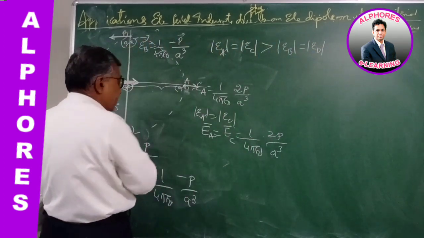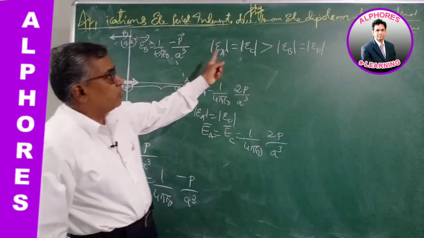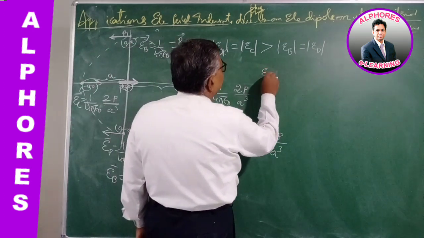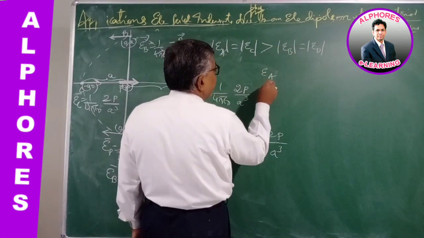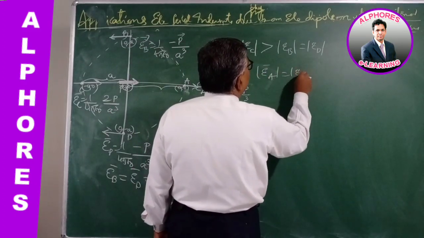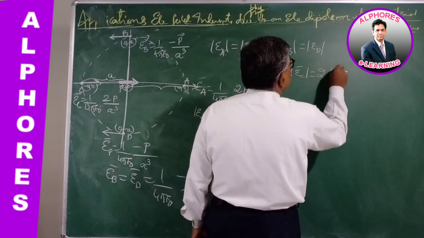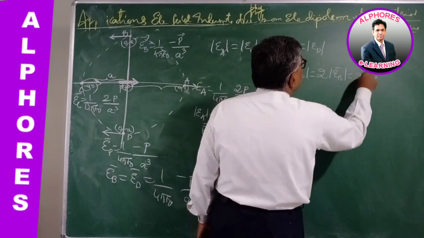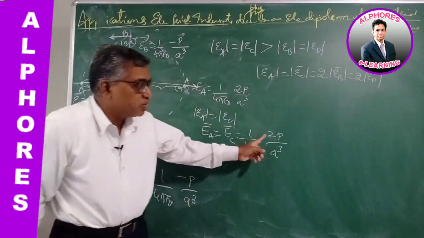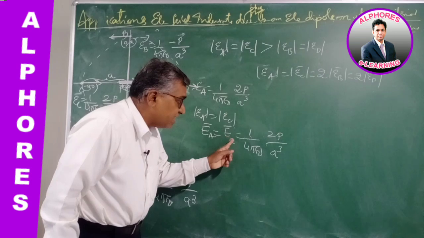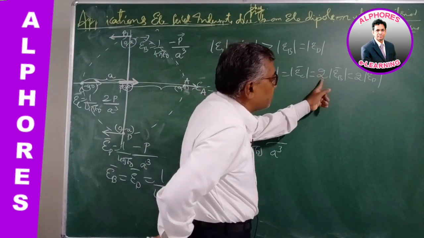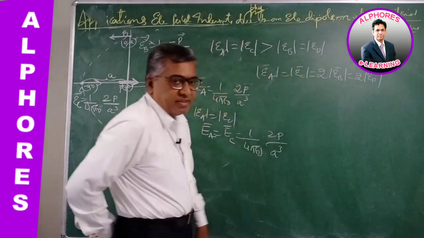B and D same, A and C same, but A and C both are greater than B and D. If you write the inequality, it is like this: mod EA is equal to mod EC, twice mod EB, twice mod ED. But you see, here it is P by a cubed, here it is 2P by a cubed. So field at A and C will be 2 times the field at B and D.